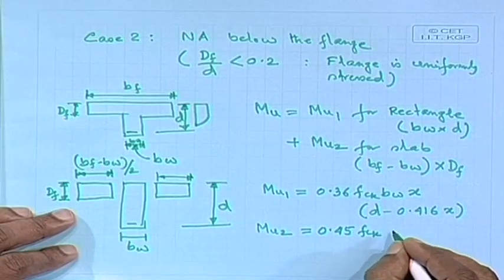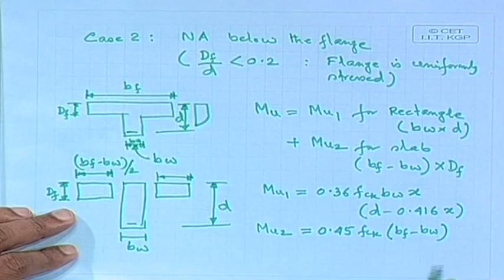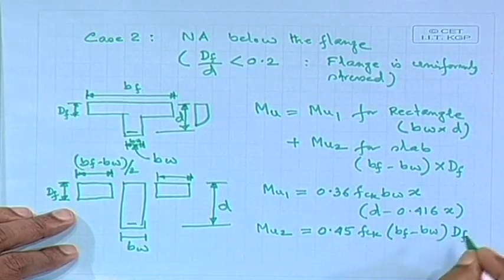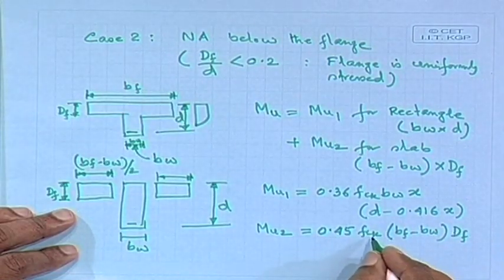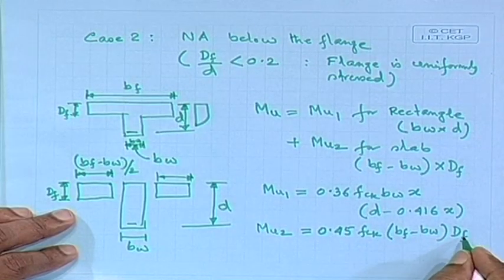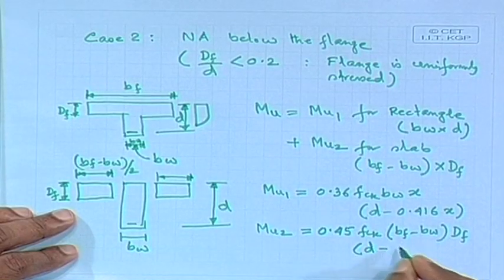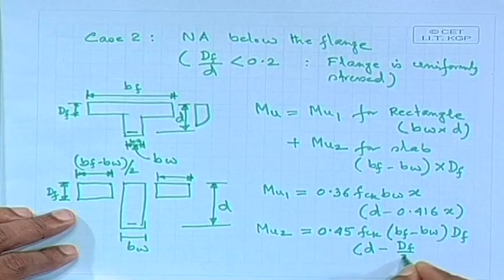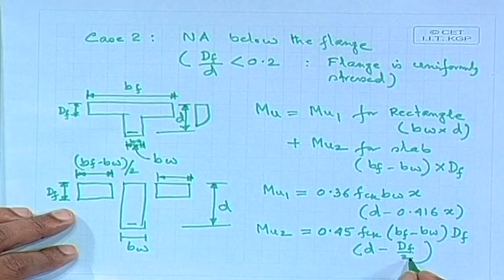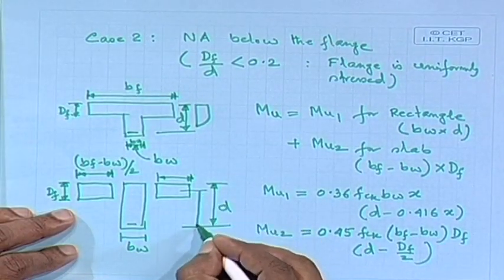Mu2 will be 0.45 fck times bf minus bw times Df, this is the area times the stress 0.45 fck, that is the force, times the lever arm d minus Df by 2. So, this is your lever arm.